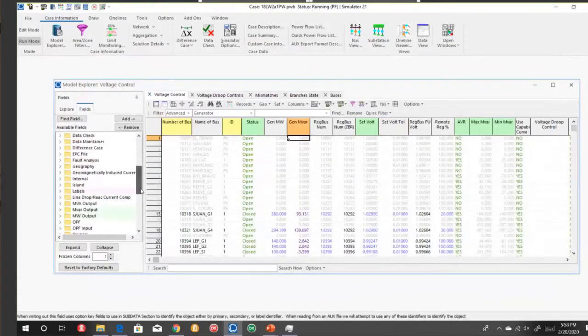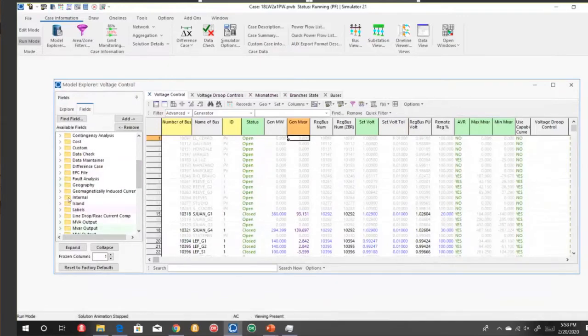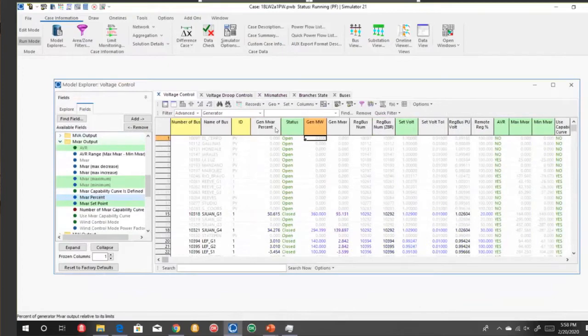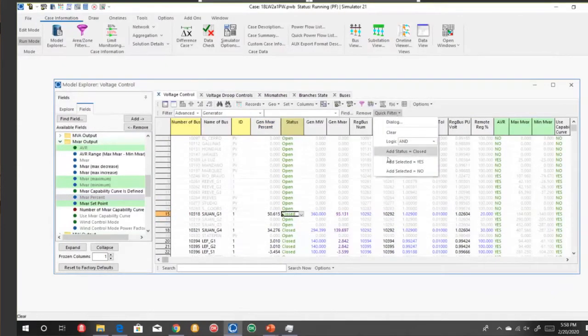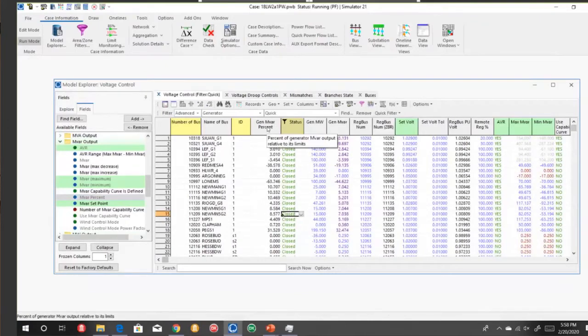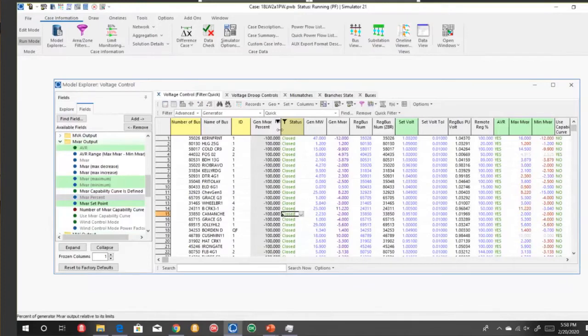And if I were to look at that, all these units backed off their limits, mins and maxes. And they didn't start hitting limits then. I didn't see anything hit a limit. They're all backing off. I think there's a field, this megavar percent field.